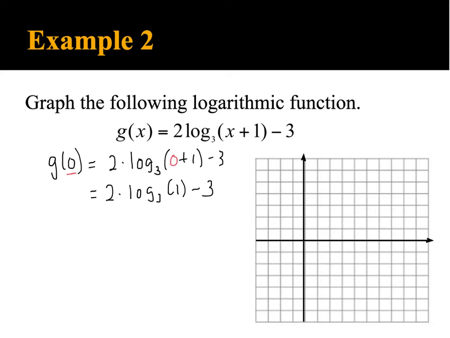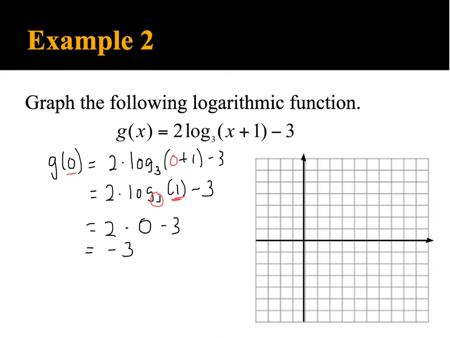But now you should know, or at least this is what I want you to memorize, that log base 3 of 1 is actually 0. This is from the previous slide. Anytime you plug in 1 into any log, regardless of the base, it should always be 0. And so this is minus 3, and here I get a negative 3. Okay, not a problem. This is good.